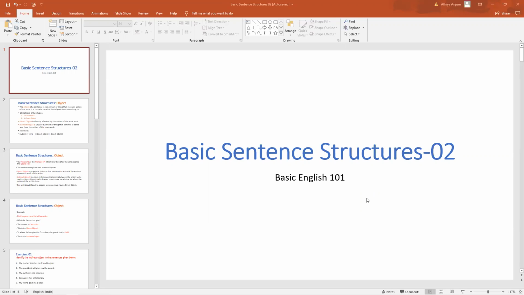So now in this pattern, you're going to learn SVIO, that is the indirect object and the direct object. So you will have more than one object here. So how to recognize which is the direct object and which is the indirect object. So you will be learning all this today. Okay.